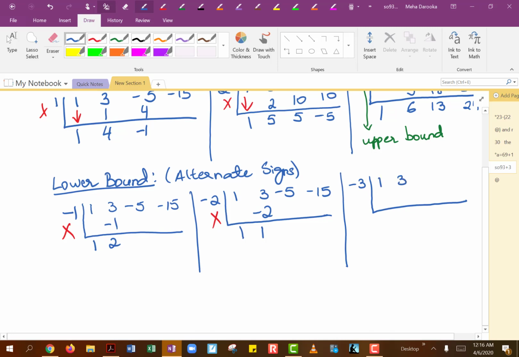So 1, 3, -5, -15. Again, bring down the first one as it is. 1 times -3 is -3. 3 minus 3 is 0. So this is kind of what we were talking about.